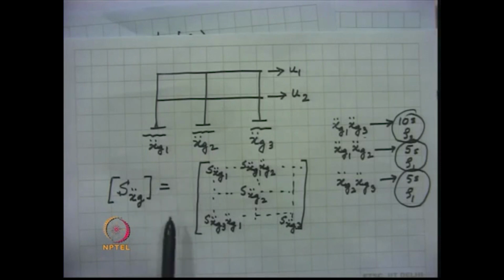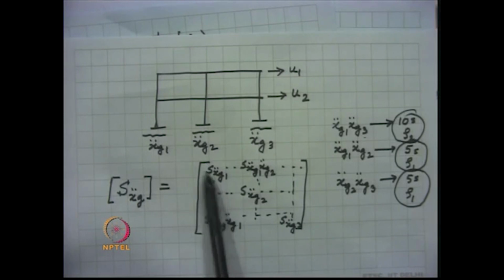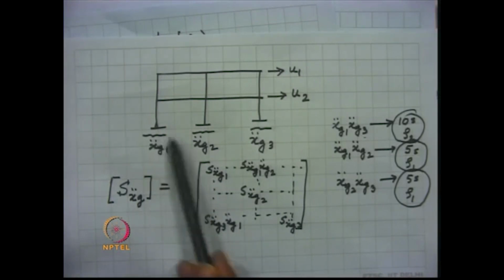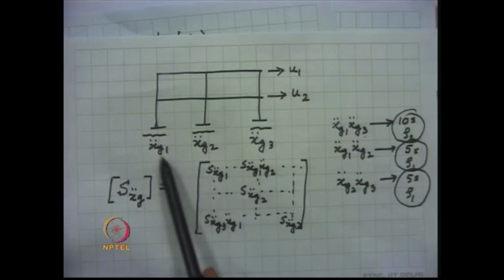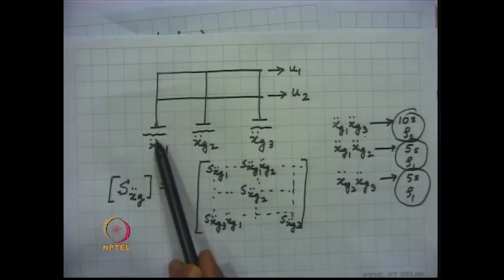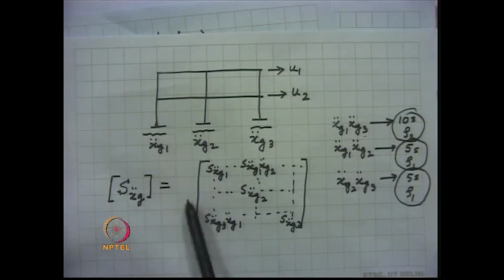Then first we have to construct the Sx double dot G matrix, which will be a 3 by 3 matrix of the ground motion. The diagonals of this would be the power spectral density functions of the excitations at this point, at this point and at this point, and the cross power spectral density functions would represent the cross power spectral density between this excitation and this excitation, and so on.